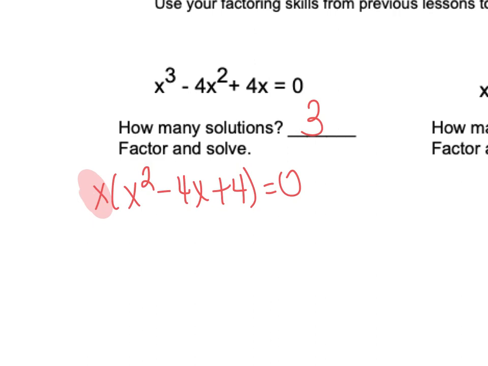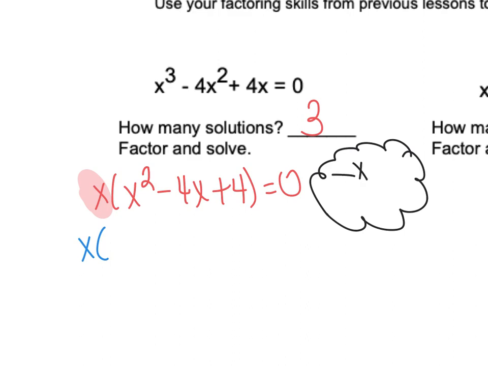So that x has to stay there. And now I'm going to factor x squared minus 4x plus 4. So it might help if I'm thinking over here in my little thought bubble. It's 3 terms, which means I might need to be thinking what times what equals 4, and what plus what also equals negative 4, because those are the c and b values.